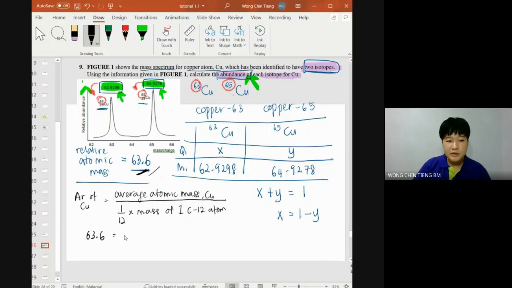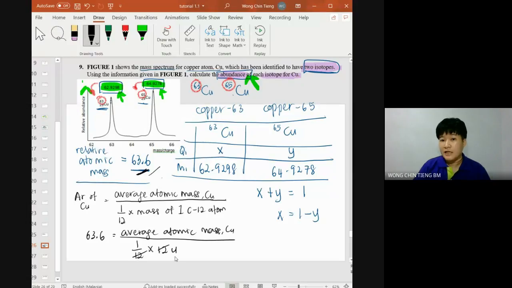63.6. Substitute in the value that you have, which is, later on, the mass of carbon. This is the one that we are looking for, over 1/12 times 12U. How do we change it to average? Because of the unit. See that? So unit sekarang dah akan ada kembali.